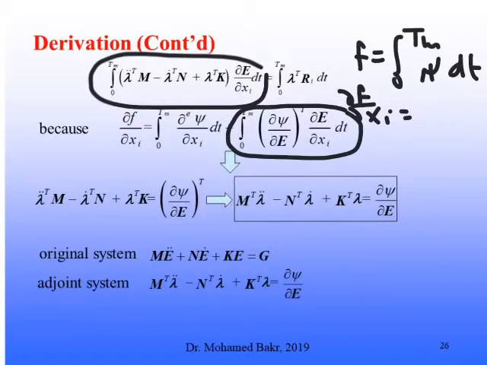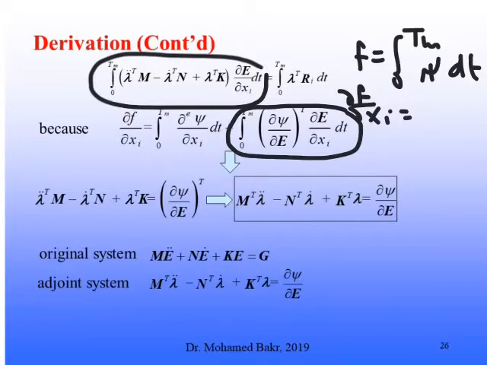Okay? So we can solve this adjoint system and calculate lambda at every time if we know this excitation, because all these matrices are known. K, N, and M are known, and they are functions of our parameters. We can get them, and then we can carry out time domain integration. We can solve for lambda.